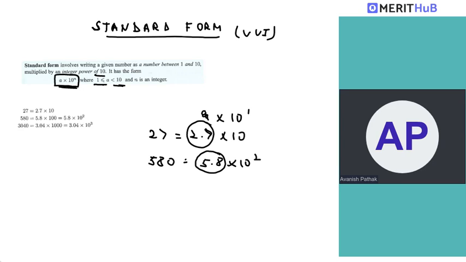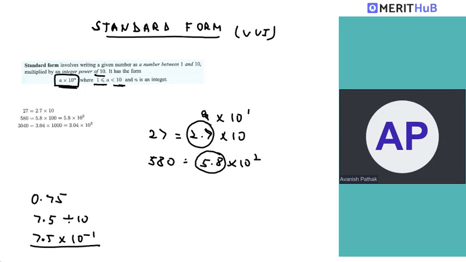Now, if I want to go for a decimal number, suppose I have the number 0.75. If I now want to represent it in standard form, the way of doing it is 7.5 divided by 10. That means it's 7.5 into 10 to the power of minus 1.